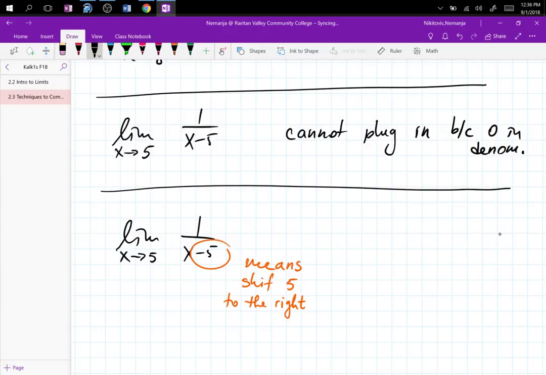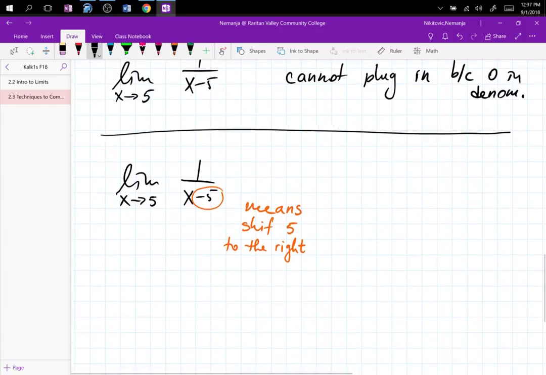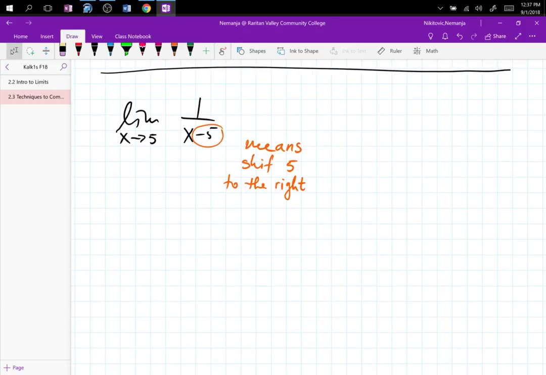So I'm going to graph this and see what the graph looks like. How do I deal with this problem? The first thing is I'm going to graph it, and since I don't have a calculator, I have to know how to graph this by hand. So how do I graph 1 over x minus 5? I know that the graph for 1 over x looks like this. It has the horizontal and vertical axes as the asymptotes.